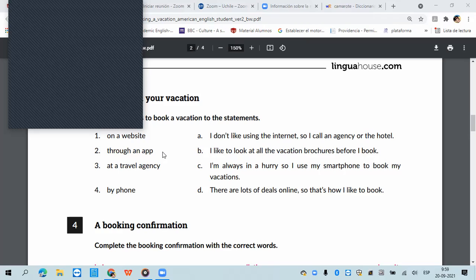Okay, right. Do you know any application to do that in Chile? There are international apps like Booking. Do you know Booking, anyone? Trivago. Yeah, Trivago.com, for example. Have you ever used one of these applications, Catalina?